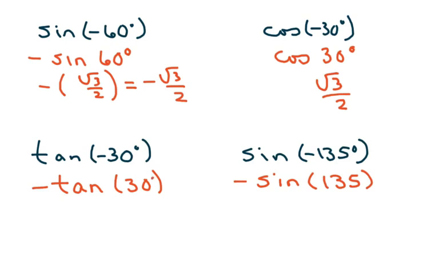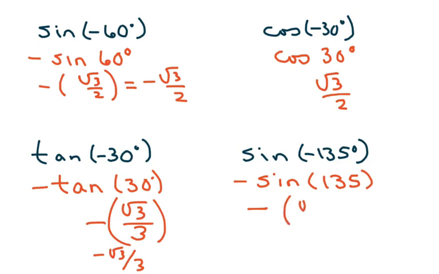And tan of 30 degrees is square root of 3 over 3. Put the negative in front, so that equals negative square root of 3 over 3. Same thing for sine. Sine of 135 is square root of 2 over 2. So the answer is negative square root of 2 over 2.